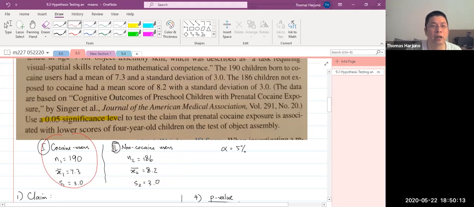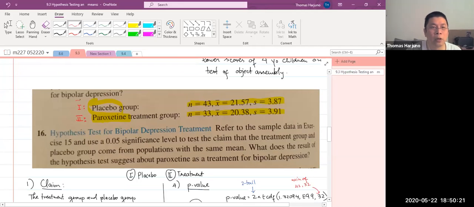And in our second example, those in the placebo group and the treatment group, no member in the first group is a member of the second group, and no member in the second group is a member of the first group. That's why we say that they're independent.